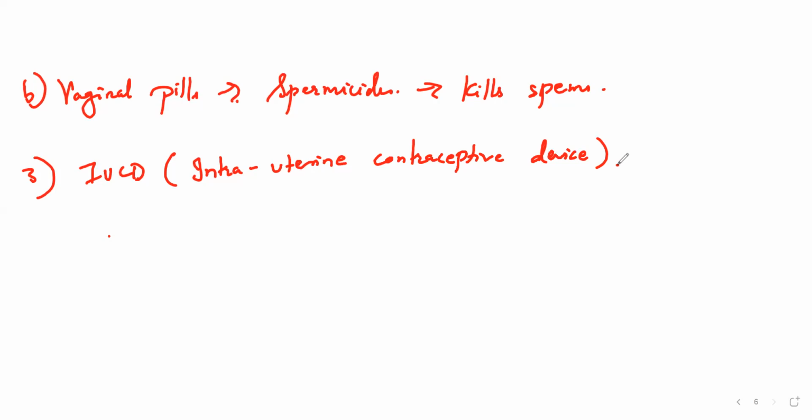The general name used for it is copper T. This copper T is usually placed inside the uterus, at the opening of the uterus.